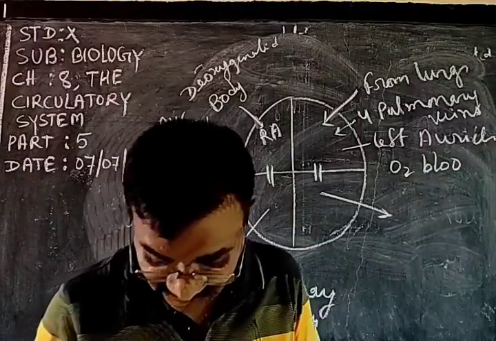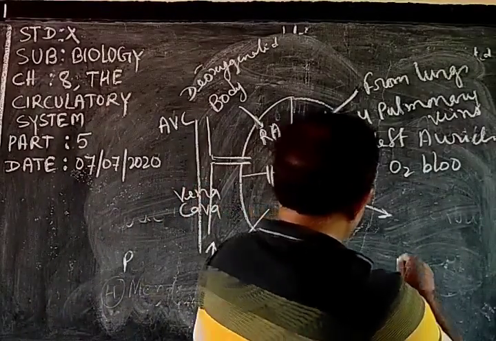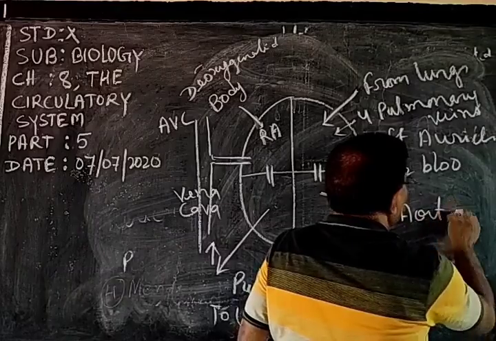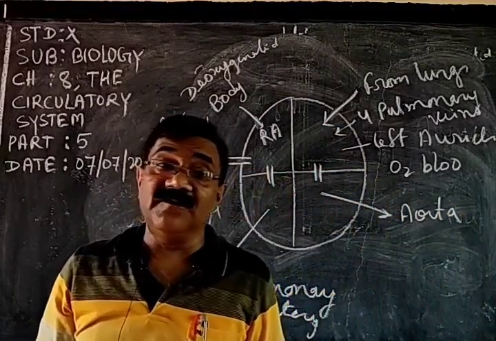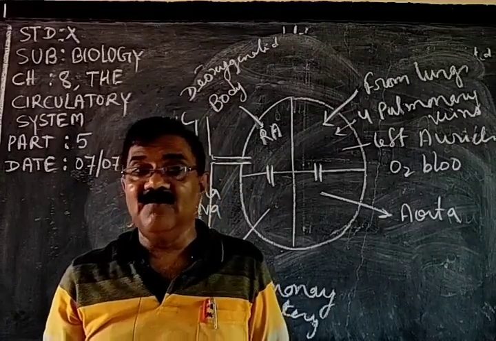And one blood vessel which arises from the left ventricle is called the aorta. This is the aorta. It arises from the left ventricle and carries oxygenated blood to each and every part of the body.